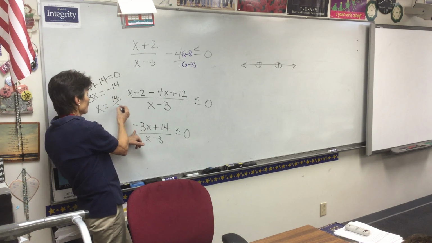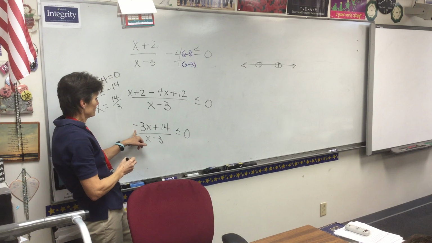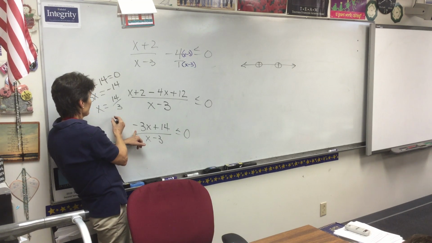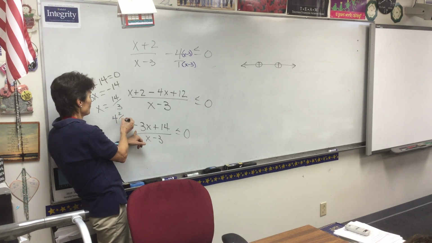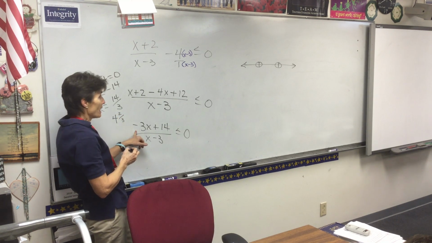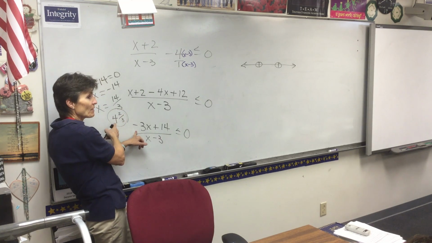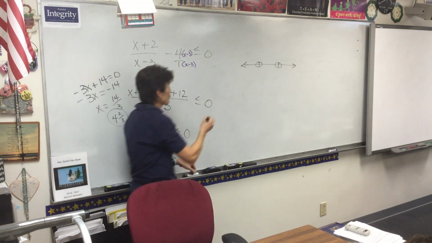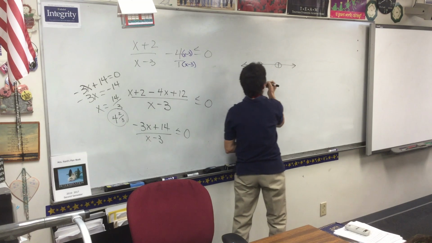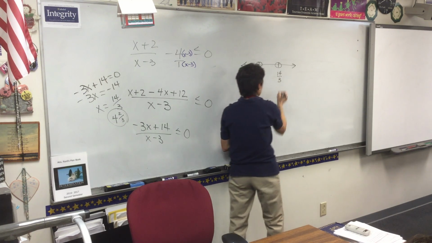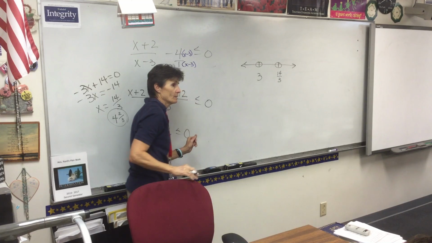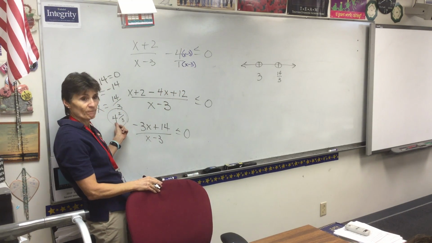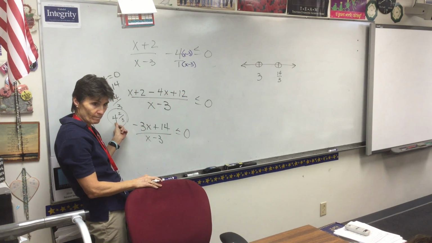I got 14 over 3, which is 4 2/3. It's important to think about that because I have to make sure I put these dots in the right order. So 3 and 14/3 go in order like that, because 14/3 is bigger than 4.